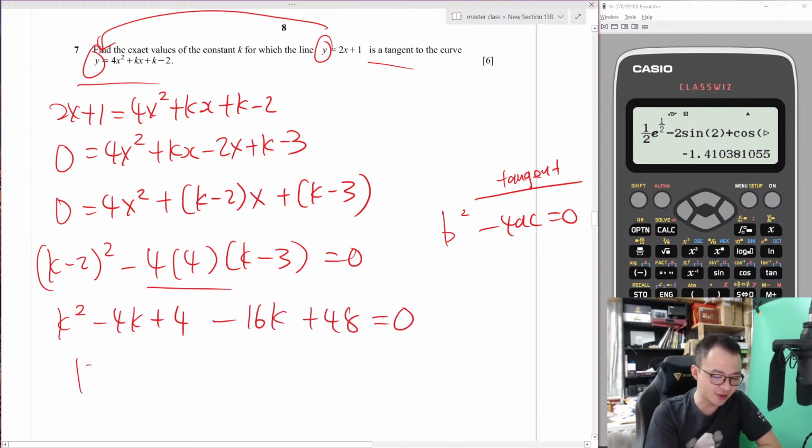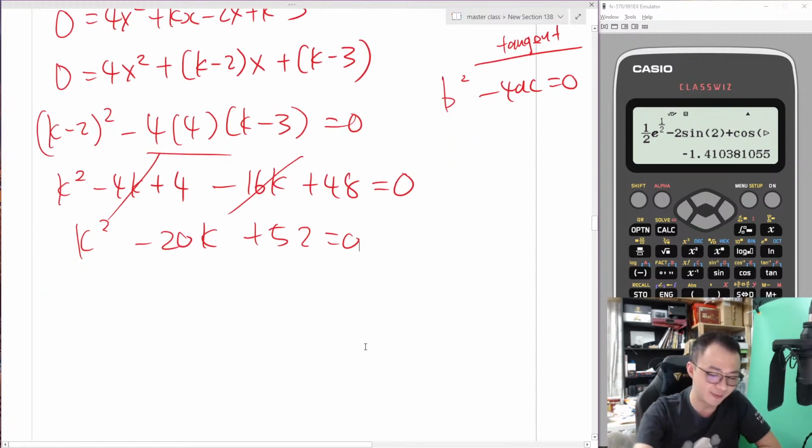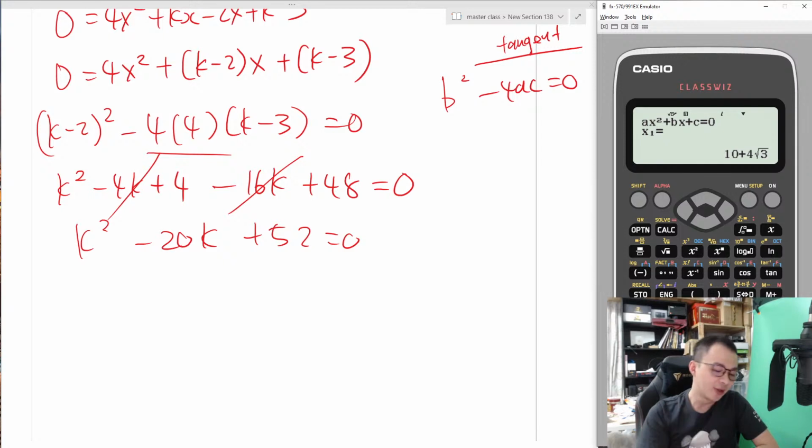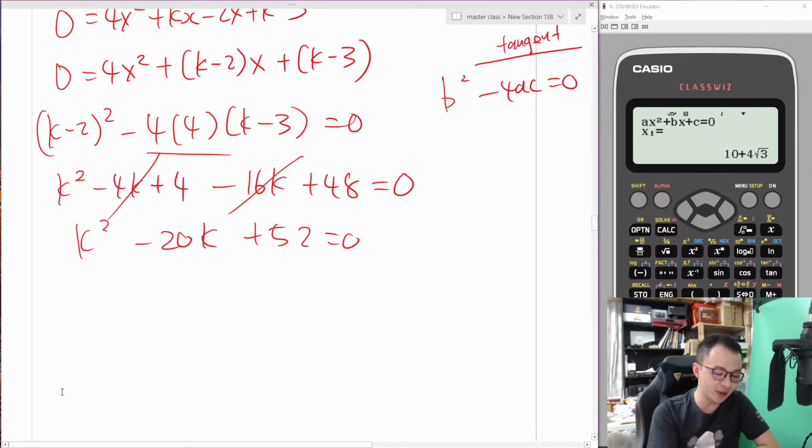Alright, you just simplify this one. Negative 20k plus 52 equals 0. Yeah, I guess this one we can't factorize, isn't it? If not, they will not tell you exact value. 1, negative 20, 52. Yeah, we can't factorize. So what we want to do is we will use the quadratic formula.